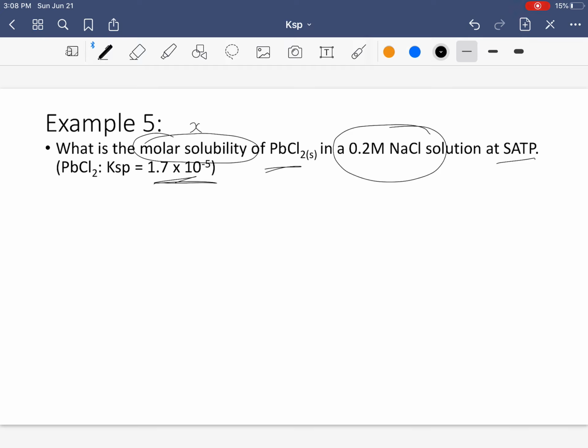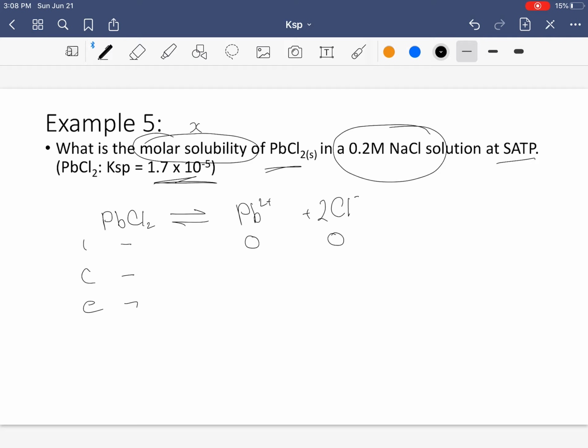So we want to know what is the molar solubility of PbCl2. So let's write the expression. PbCl2 is Pb2 plus and two Cl minus, in a nice table where this is negligible. These start out as nothing.